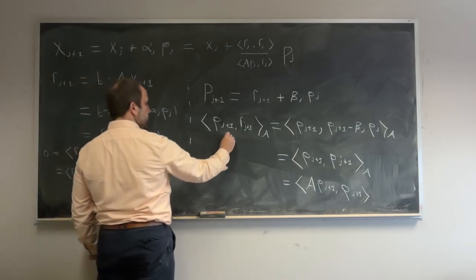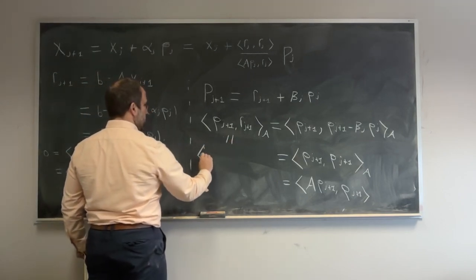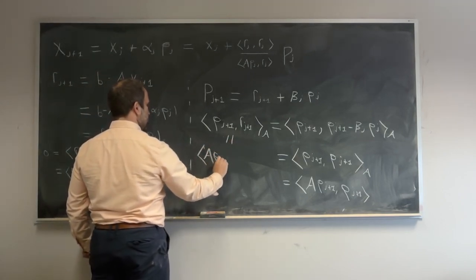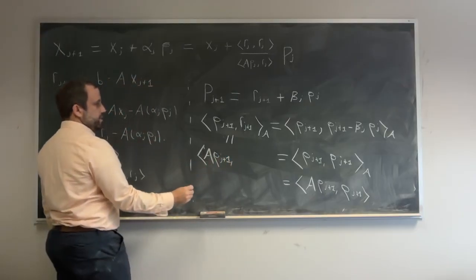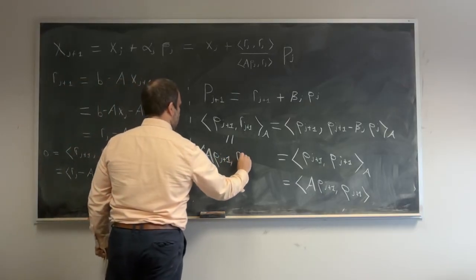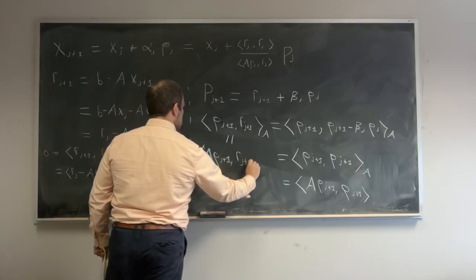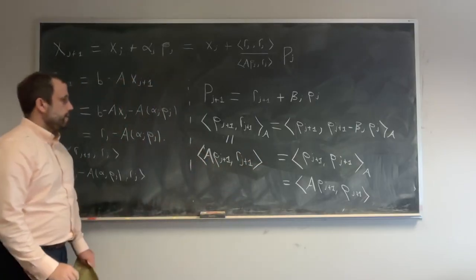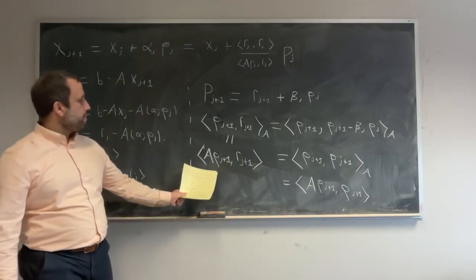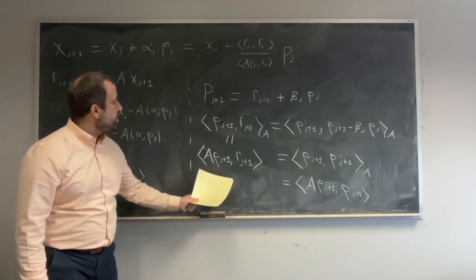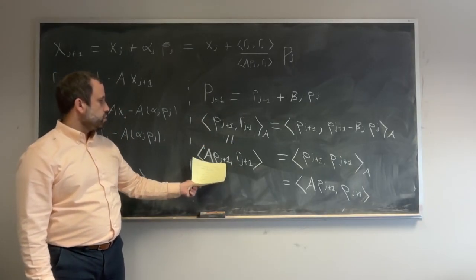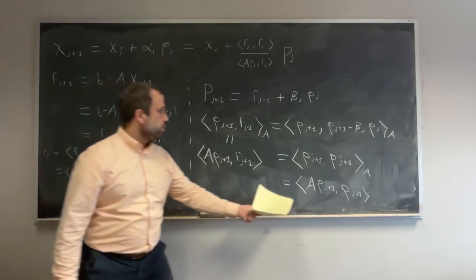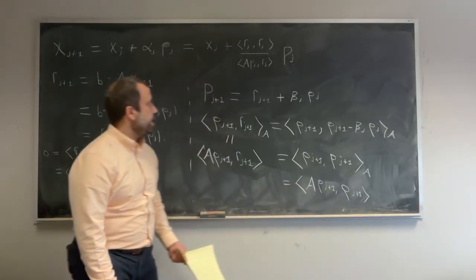Okay, but notice, if we compute this, what is the definition of this? Well, it's going to be the inner product of A p_{j+1} and r_{j+1}. So if we compare this with this, which says A p_{j+1}, r_{j+1}, if the indices here are the same, we just get A p_{j+1}, p_{j+1}.